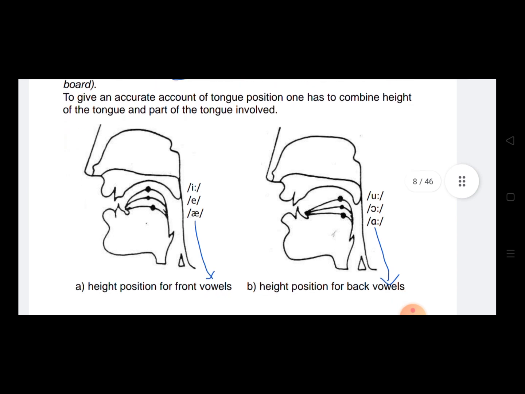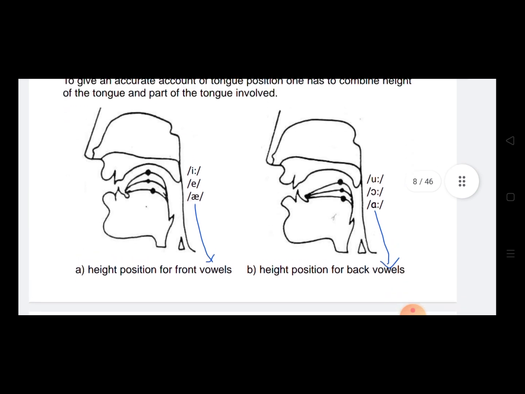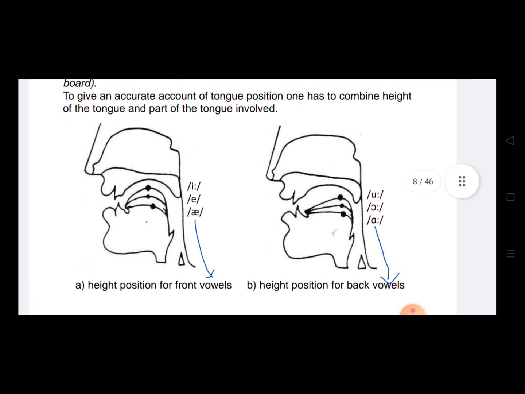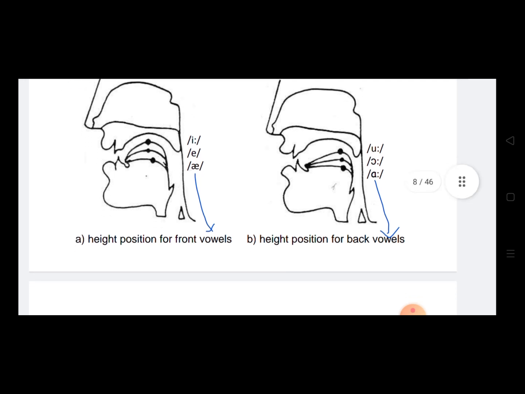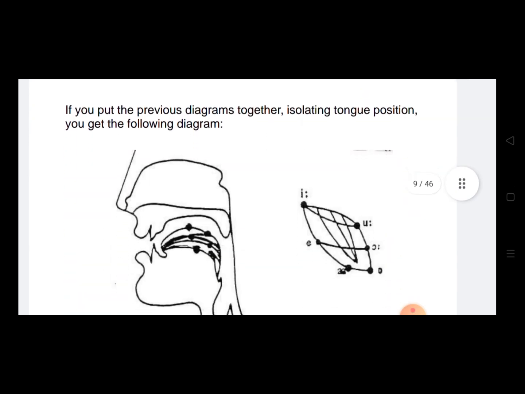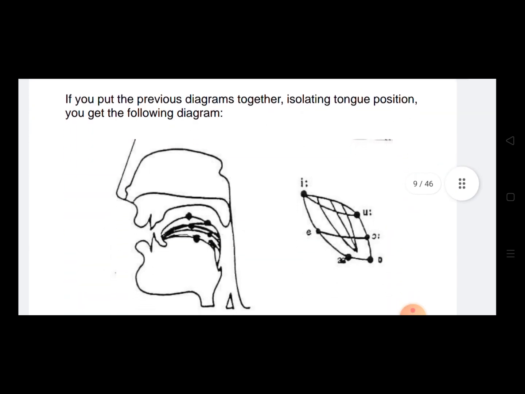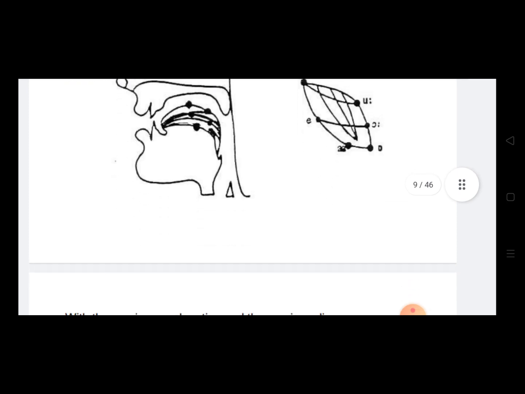So here in this diagram you can see the height position for the front vowels and the back vowels. This is the diagram for the vowels, which shows the front vowels, back vowels, and central vowels.